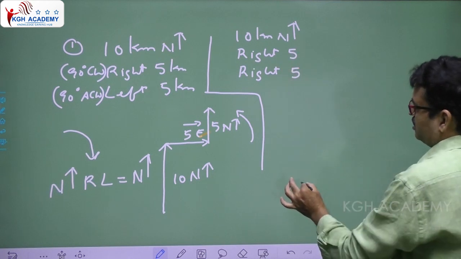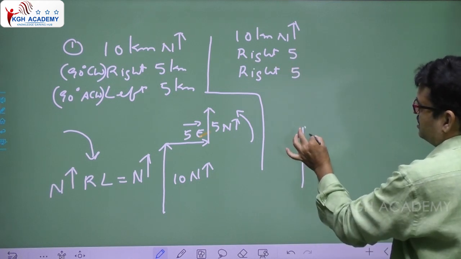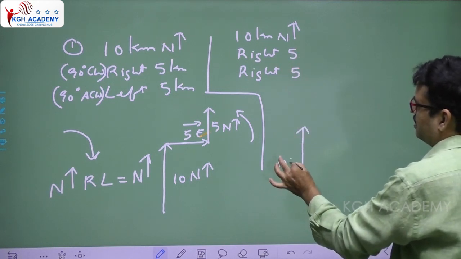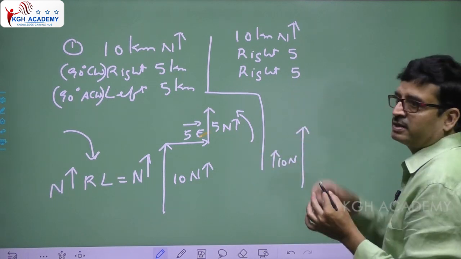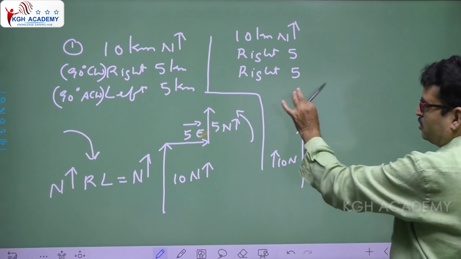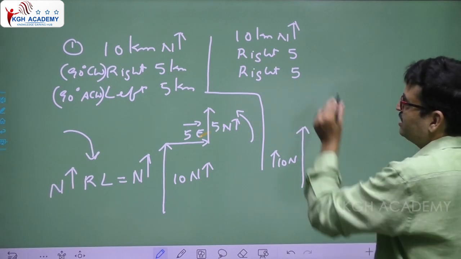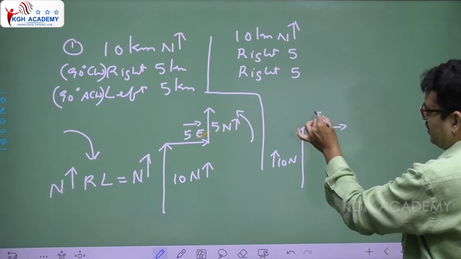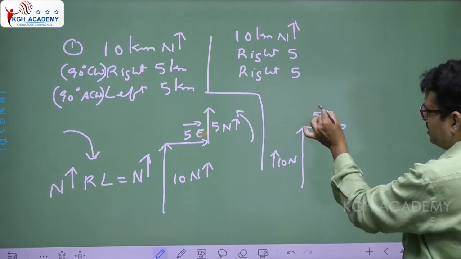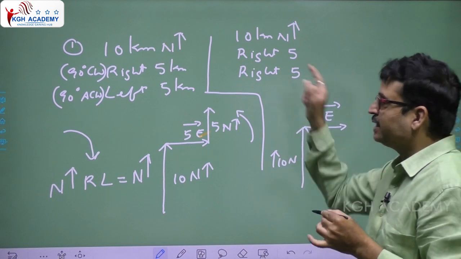Say 10 kilometers north. So like this. This is 10 kilometers north direction. North means up arrow. Right is equal to clockwise. So eastern direction, 5 kilometers, exactly half. Now again right I said.